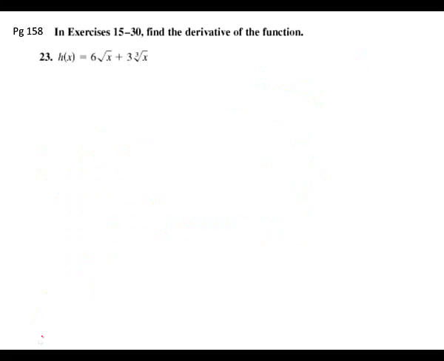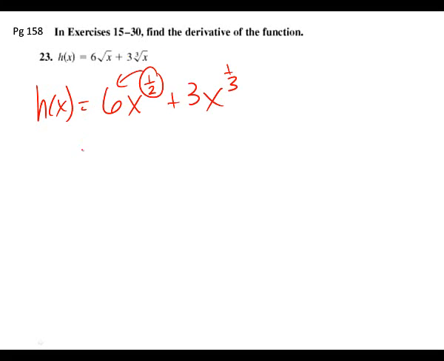All right. Derivative. What do I want to do first with those guys? Yeah, make them into exponents, right? So x to the 1/2 plus 3x to the what? 1/3. Perfect. Okay, so now we bring them in front and subtract 1, right? So we're going to take that derivative. We put our little prime mark there to show we're doing that. What's 1/2 times 6?